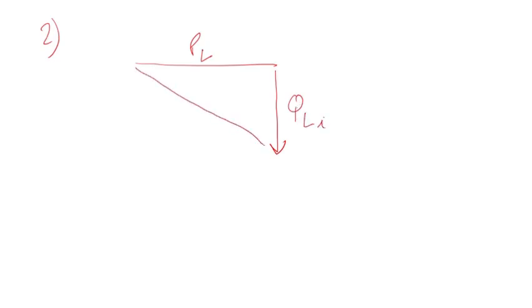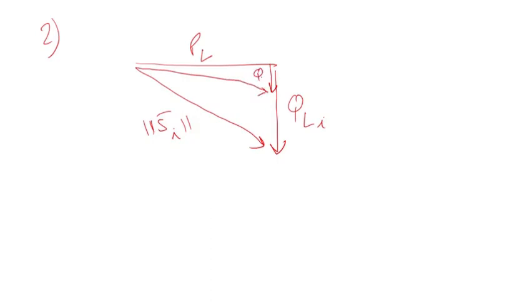You do the same thing if you have a leading power factor. So you have PL here, you have some initial reactive power, and here's the corresponding initial complex power. Obviously, you want to reduce this Q to some value, which means you will reduce the complex power.